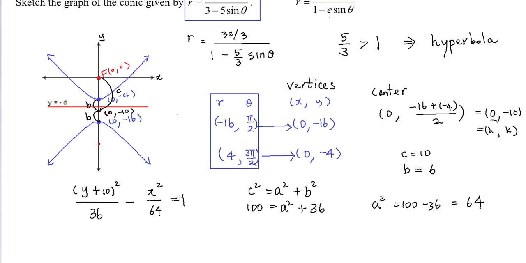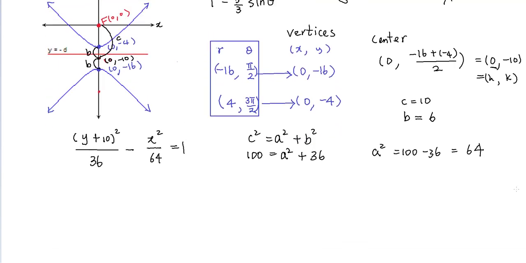Now when it comes to the hyperbola equation, you need one more thing, which is the asymptote. The asymptote is y plus 10 equals plus or minus b over a times x minus h, where b is 6, a is 8, and h is 0.